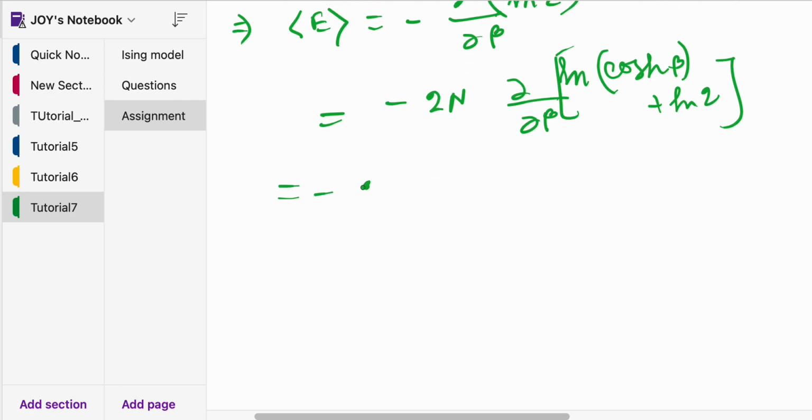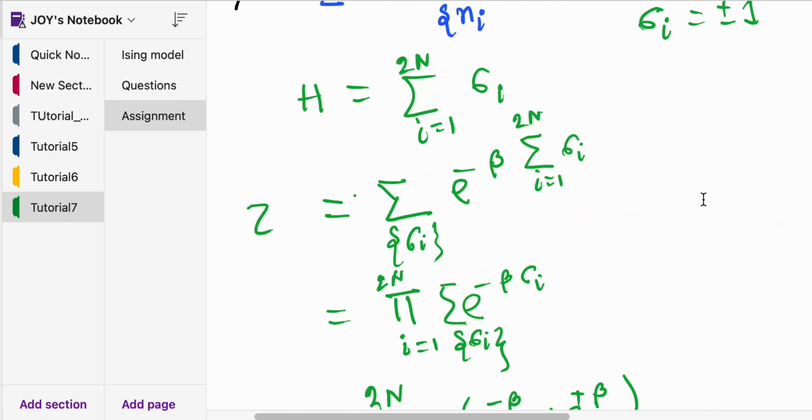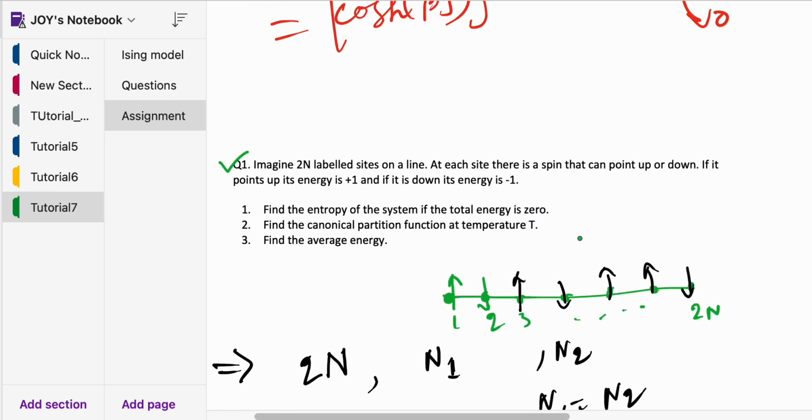So it is minus 2n cos hyperbolic beta sin hyperbolic beta, so minus 2n tan hyperbolic beta. So this is the average energy of these 2n particles.